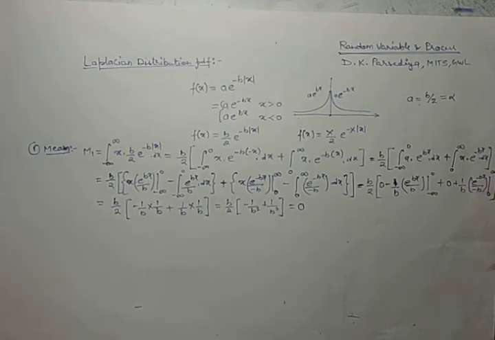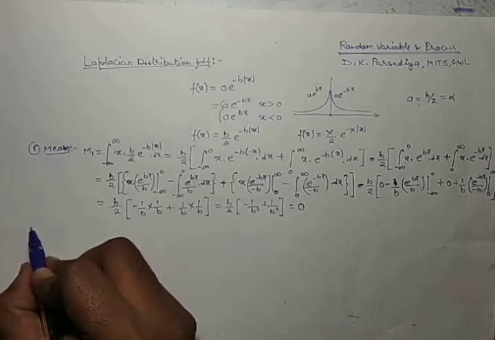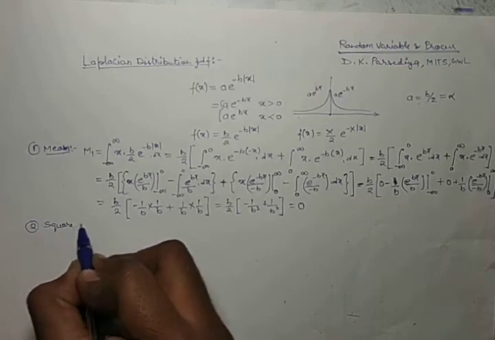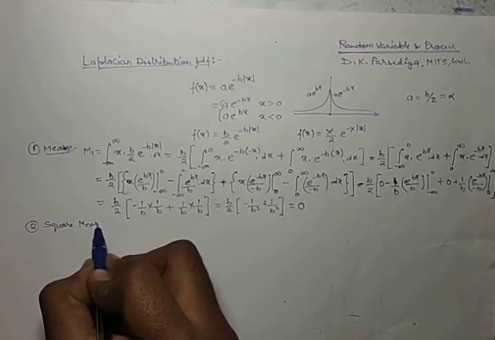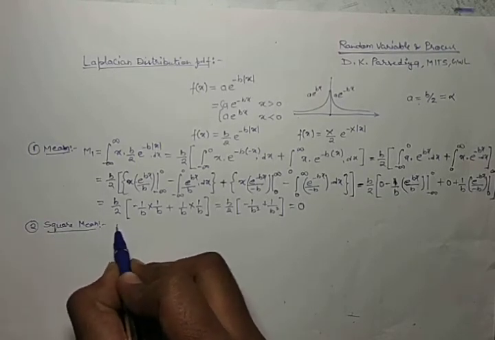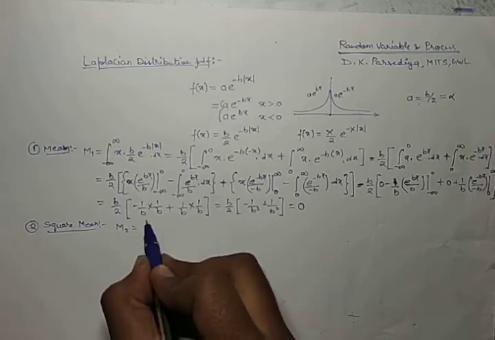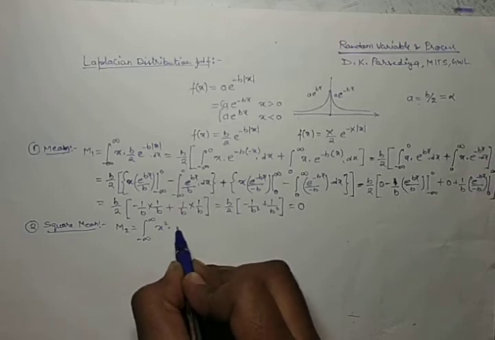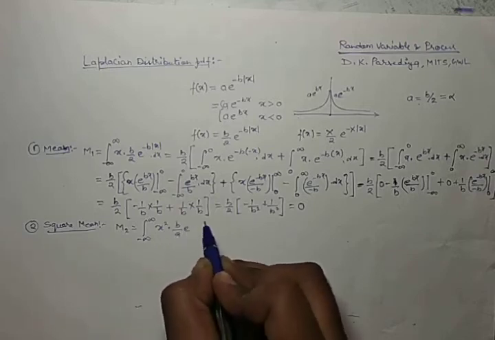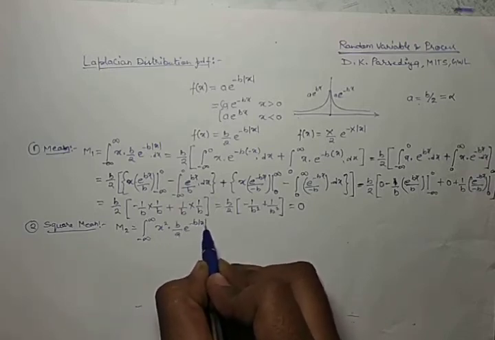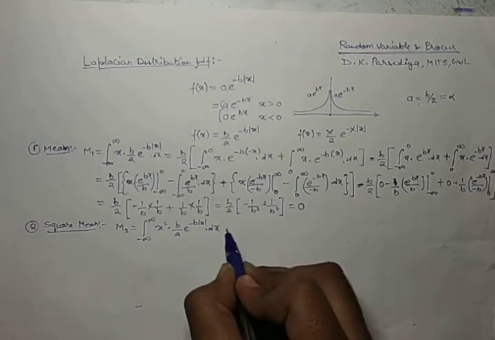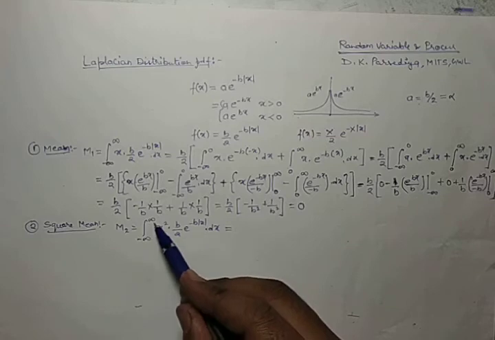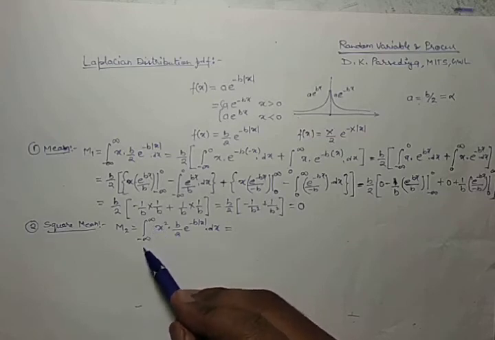Now we will solve the next statistical average, that is the square mean, given by m2. So m2 is minus infinity to plus infinity x square b by 2 e to the power minus b mod x dot dx. Now mathematically I shift this limit from minus infinity to plus infinity to 0 to infinity.